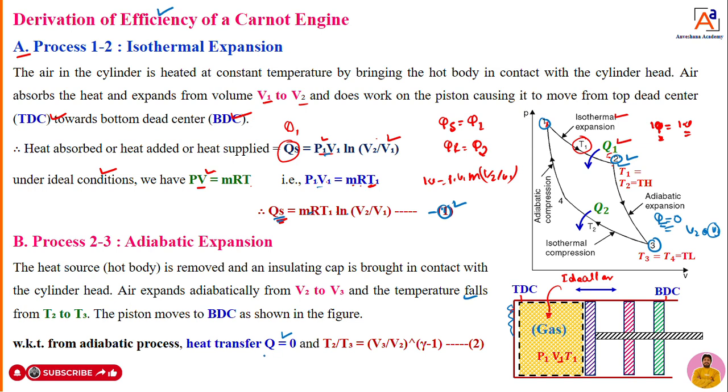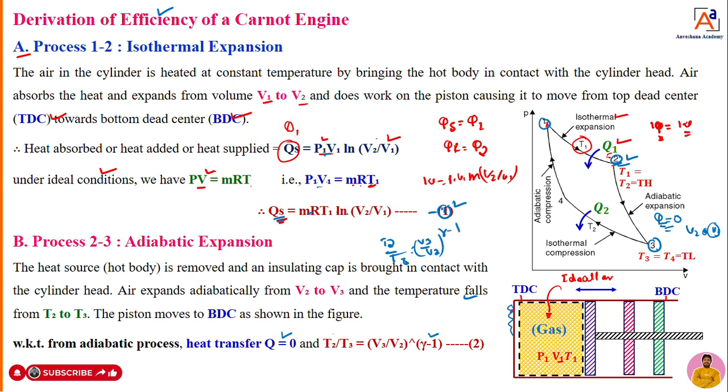So I can write the heat transfer as Q equal to 0, but the variations in temperature and volume, I can express in terms of an equation: T2 divided by T3 equals V3 by V2 to the power of gamma minus 1.